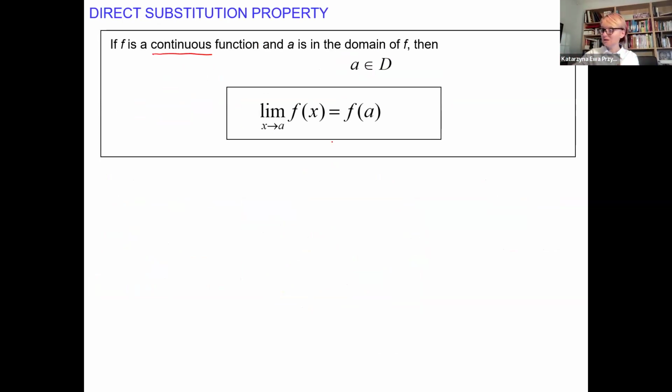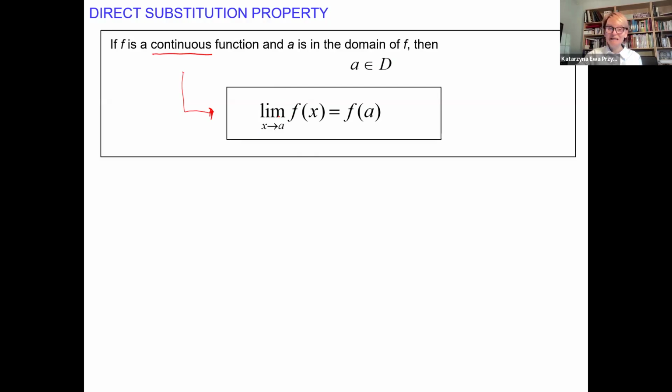Continuity is kind of this: if the limit is the same as the value at the number a, which is in the domain, because if the function is continuous everywhere, then a is in the domain, we will have this property.